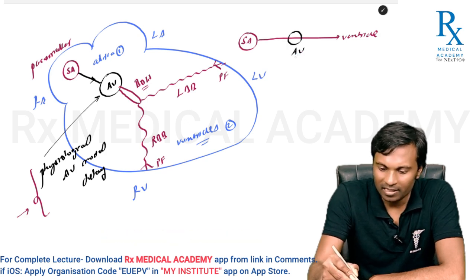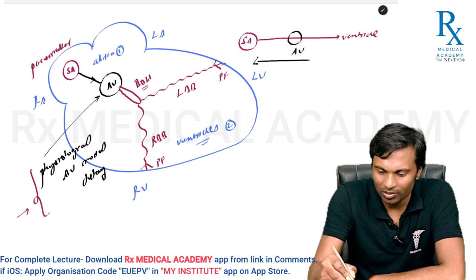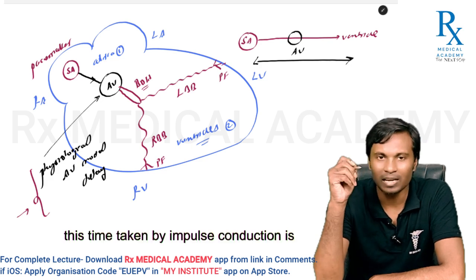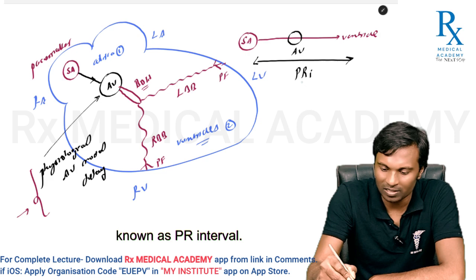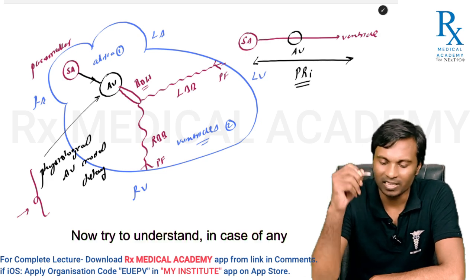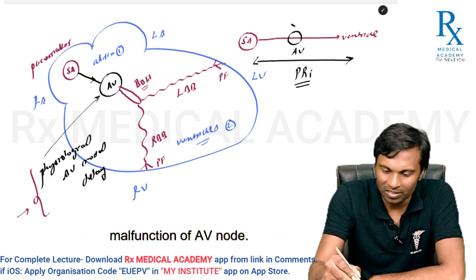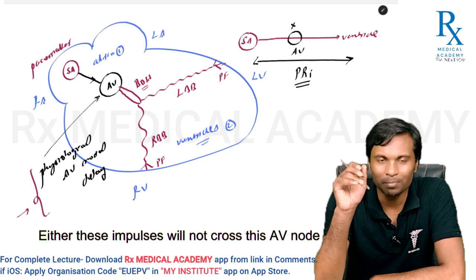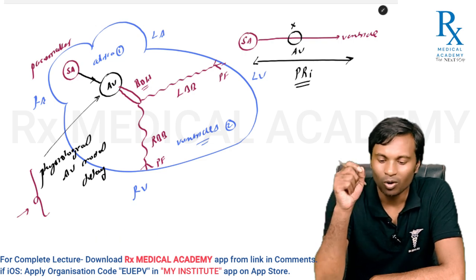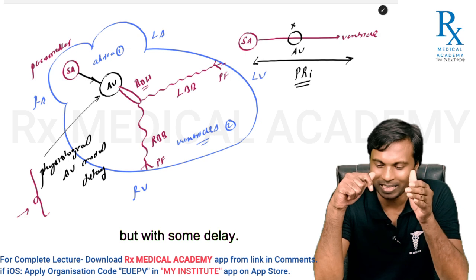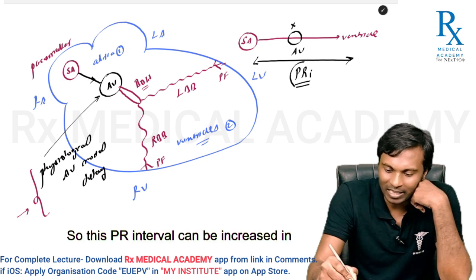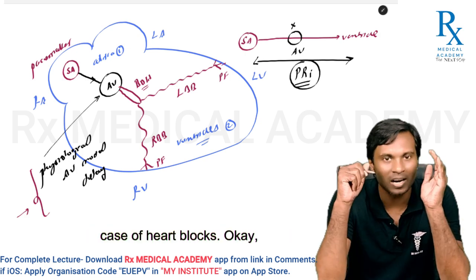The time taken by impulse conduction from the SA node to the ventricles is known as the PR interval. Now, in case of any malfunction of the AV node, either these impulses will not cross the AV node, or they will cross it but with some delay. So this PR interval can be increased in case of heart blocks.